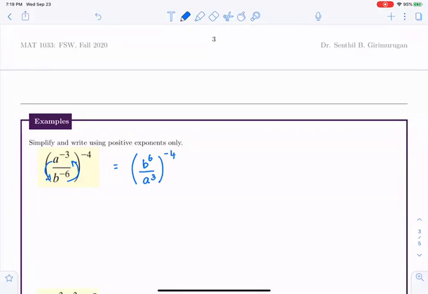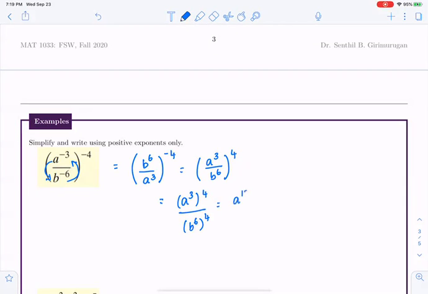Since we have a fraction raised to a negative exponent, I can flip the fraction, a cubed over b raised 6, and raise it to positive 4. And which we could write it as a cubed raised 4 divided by b raised 6 raised 4, which would give us a raised 12 divided by b raised 24.